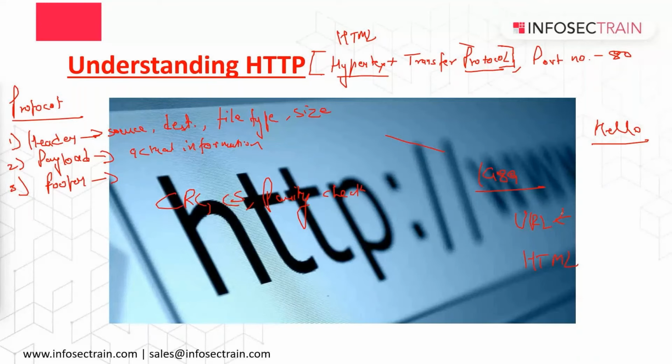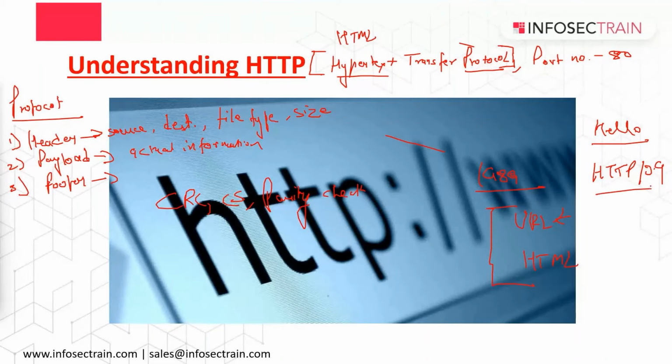Both of these things made the foundation of the World Wide Web. And the very first version of HTTP was released. What was the first version of HTTP? HTTP 1.0? No, it was HTTP 0.9. That was the first version, right?